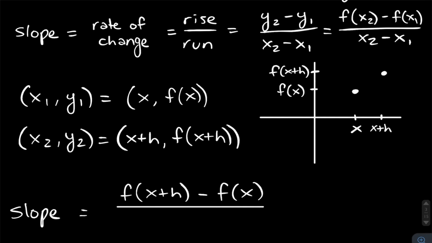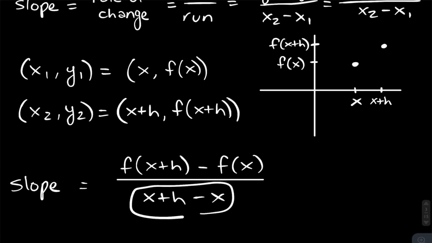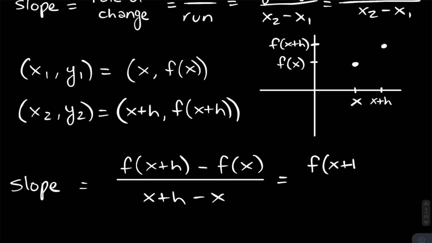Then in our denominator we have x2 minus x1, where x2 is x plus h, and x1 is x. And you can see here that the x's cancel off, they subtract out. And so we get that our slope is f of x plus h minus f of x all over h. This is a really clean way to write it.